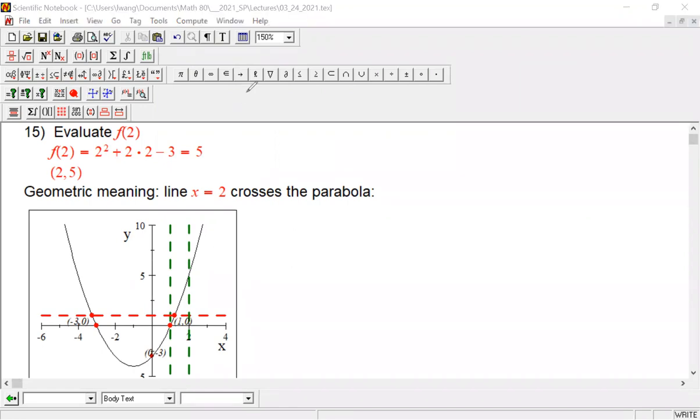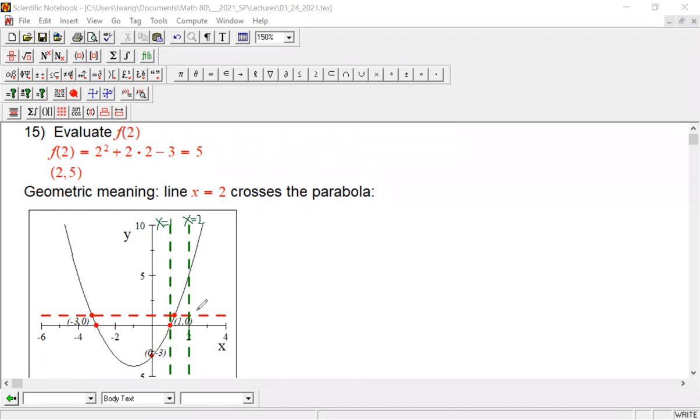Okay, for number 13, we did f of 1. So that's x equals 1. So this line crosses the parabola. For number 15, we have x equals 2. How do I know x equals 2 is a line? Because it tells me f of 2. So this tells me x equals 2, a vertical line.